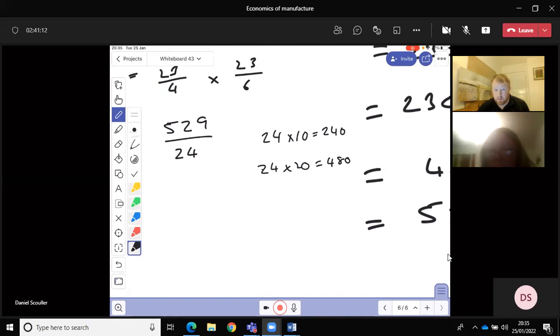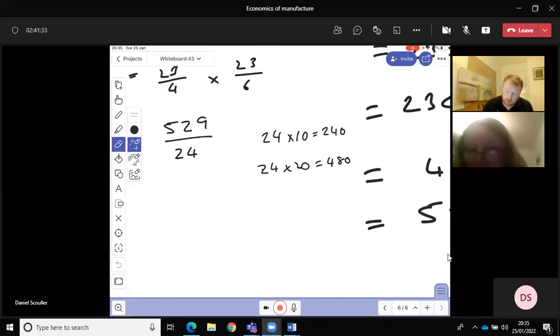That's not immediately apparent, but if you go 24 times 10 and get 240, if you double that, i.e. multiply it by 20, you're going to get double that figure. So it's another wee trick that might come in handy in the non-calculator.